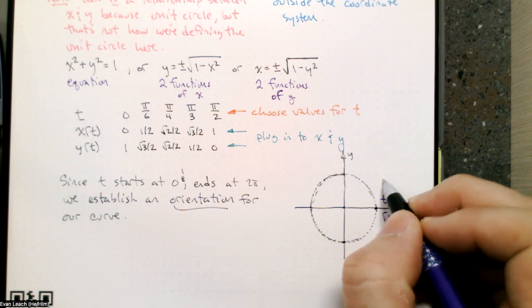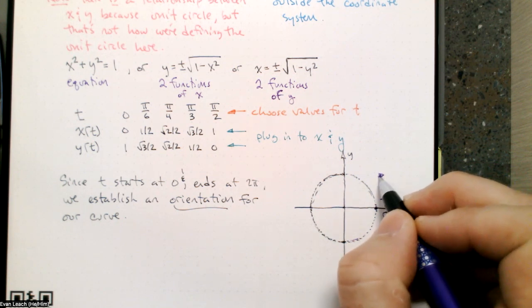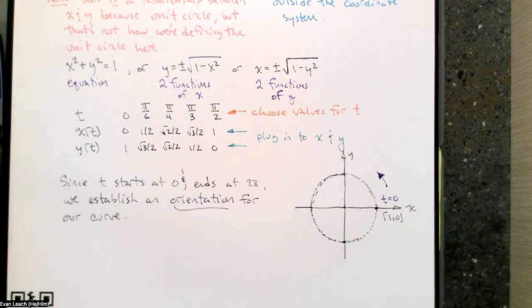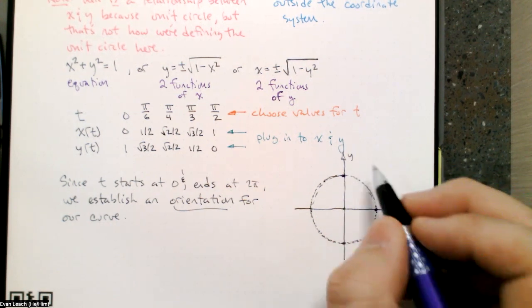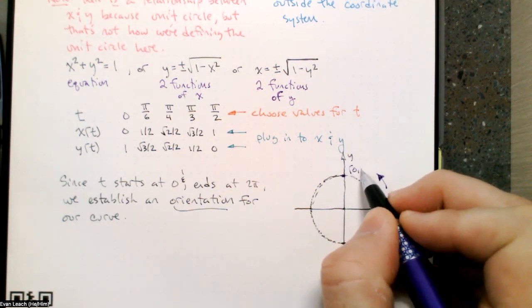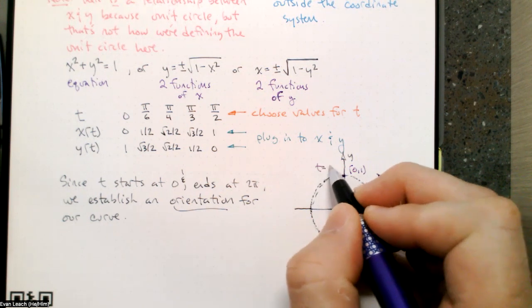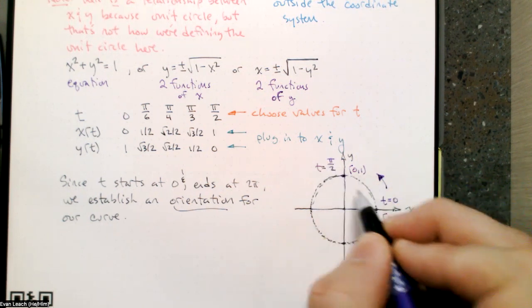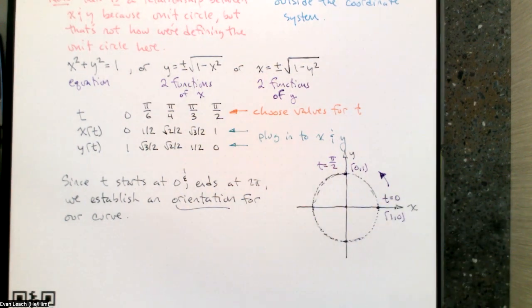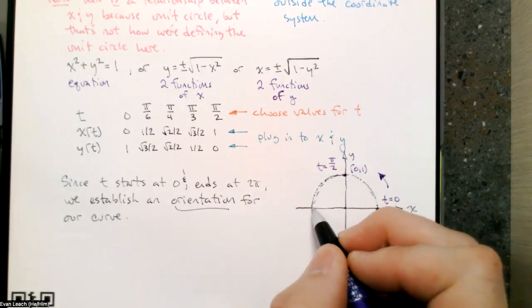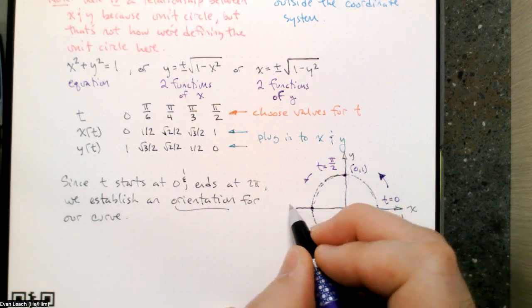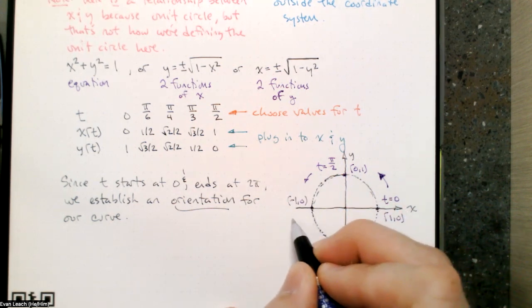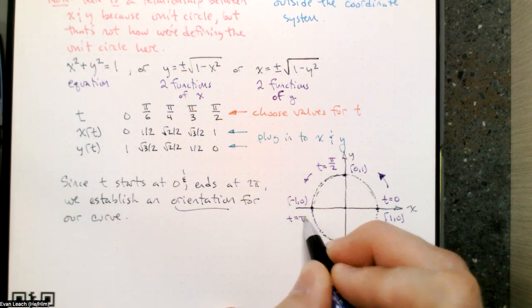And as t goes around, we're going in this direction. We have established a direction around the circle. So up here at this point 0, 1, this is where t is equal to pi over 2. And then down here, we continue around the circle to the point negative 1, 0, where t is equal to pi.